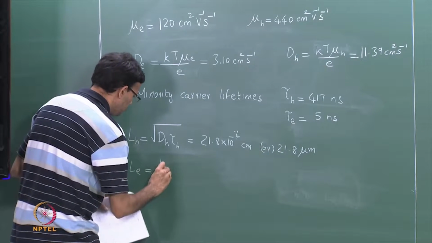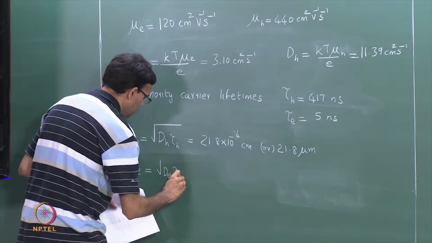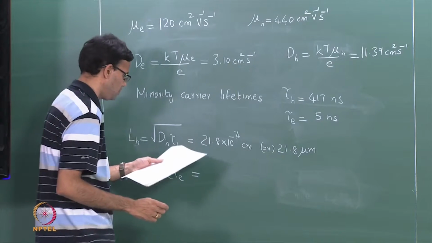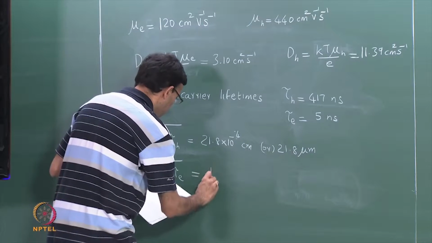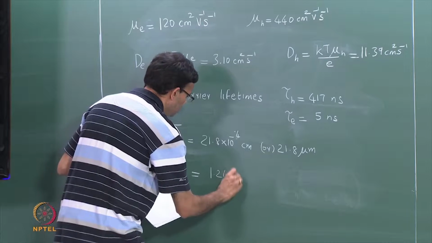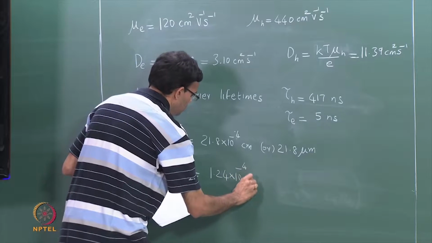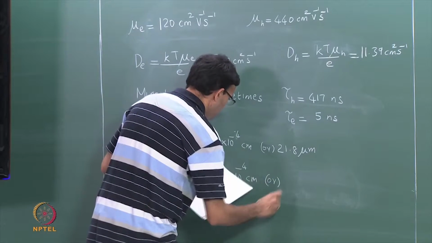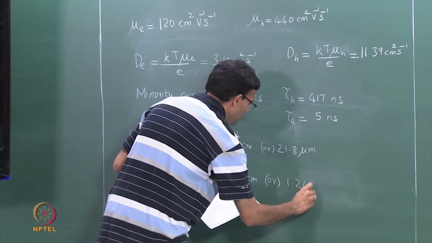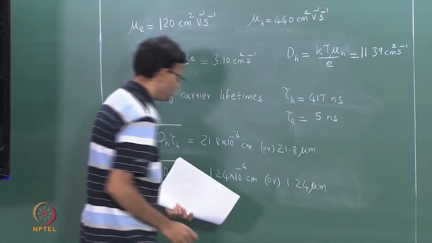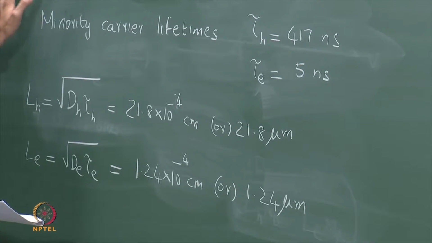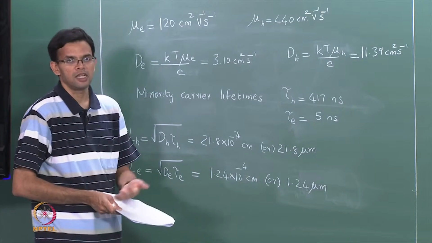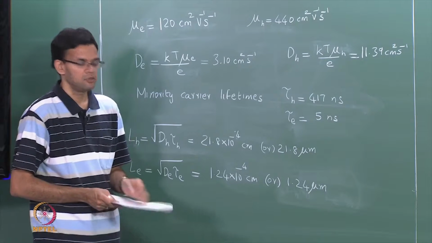Le is nothing but square root of De tau e, which is 1.24 times 10 to the minus 4 centimeters, or 1.24 micrometers. So, we have all the values that we need for calculating the reverse saturation current and the current during forward bias.